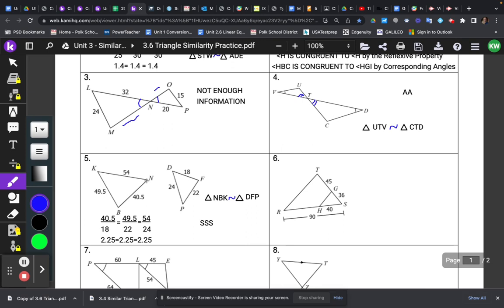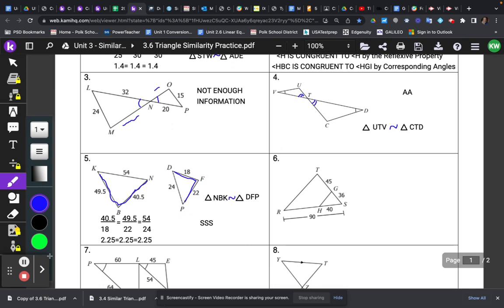Again, I went from N to B to K. Notice how I'm going over the smallest side and then the medium size side. And that's why I wrote N to B to K. Let's see if we did that for D to F to P. D to F to P. Not bad.